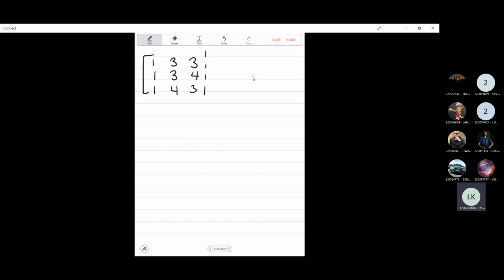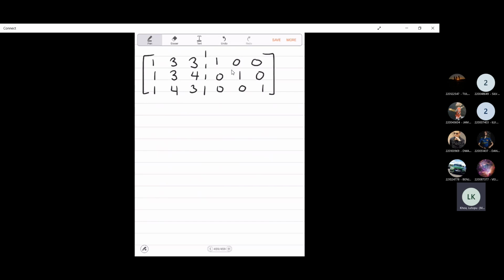And then this side is the identity matrix. Okay, so now that I have this, my goal, remember, is to make the identity matrix here. And if I do my calculations correctly, then whatever I have on this side is the inverse of A.